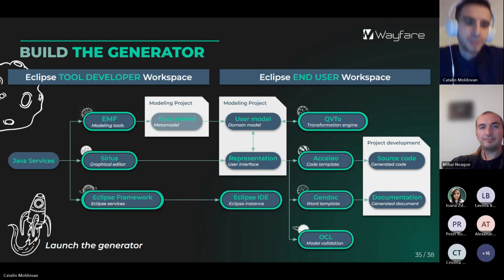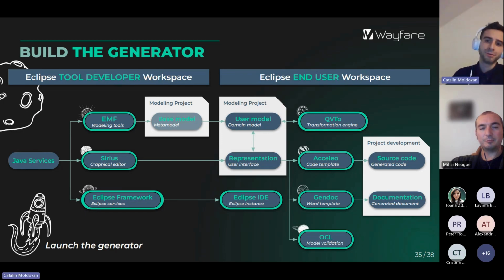So here we have a nice overview of how the modeling project works. And if you can observe, we have to use two Eclipse instances for our project, or two Developer Studio instances. So we have first the tool developer workspace, where the meta model is created using EMF.